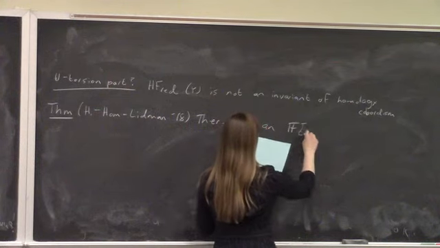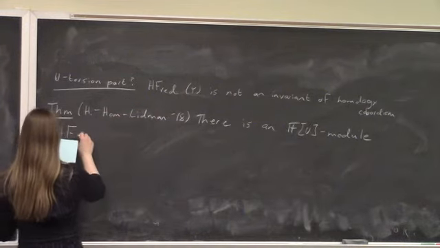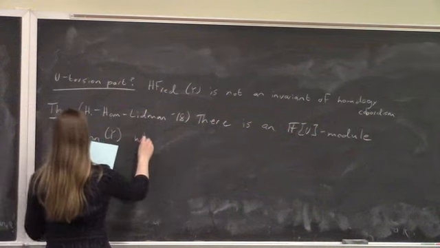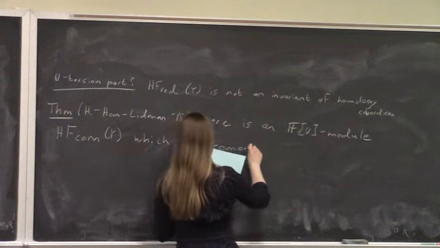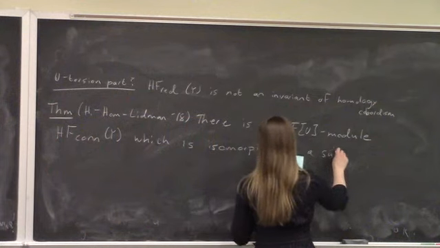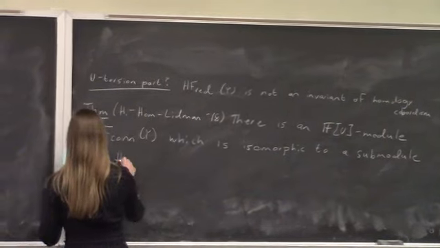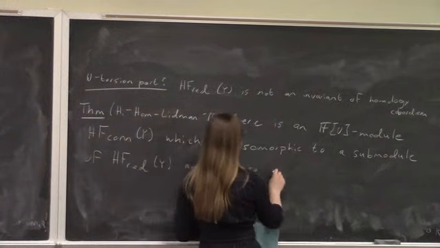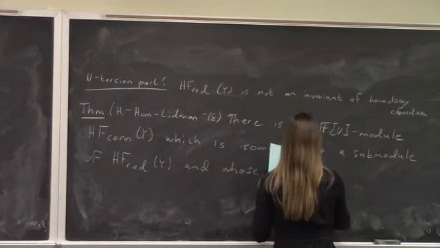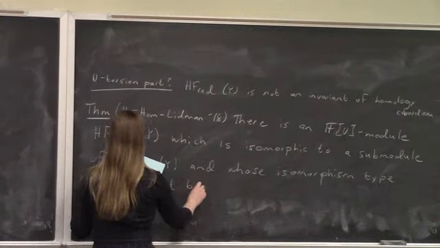So there is an F adjoin U module, graded as it happens, the connected homology of Y, which is isomorphic to a submodule of HF red, and whose isomorphism type is preserved by homology cobordism.